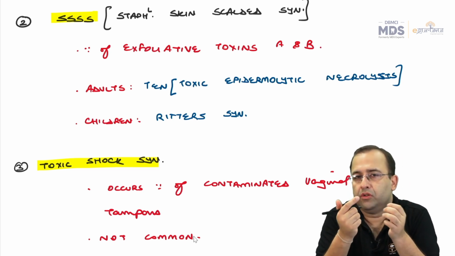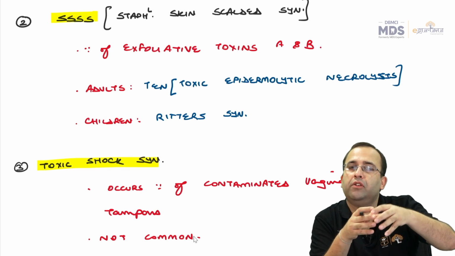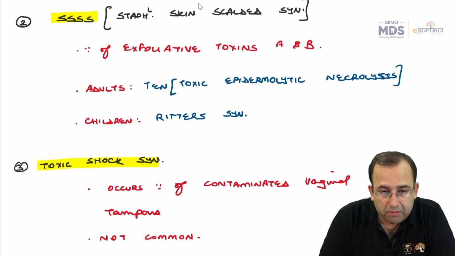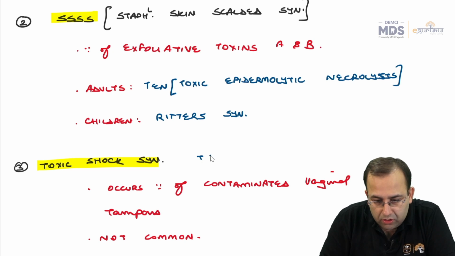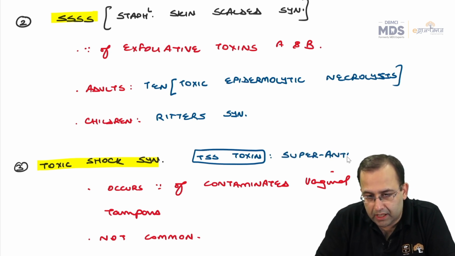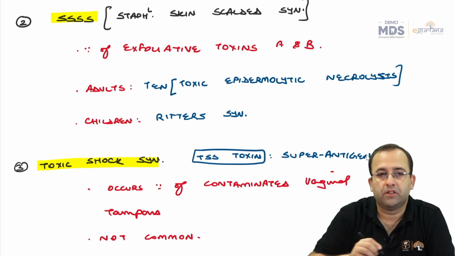Why did that staphylococcal infection lead to toxic shock throughout the body? Because the toxic shock syndrome toxin, TSS toxin, acts as a superantigen.